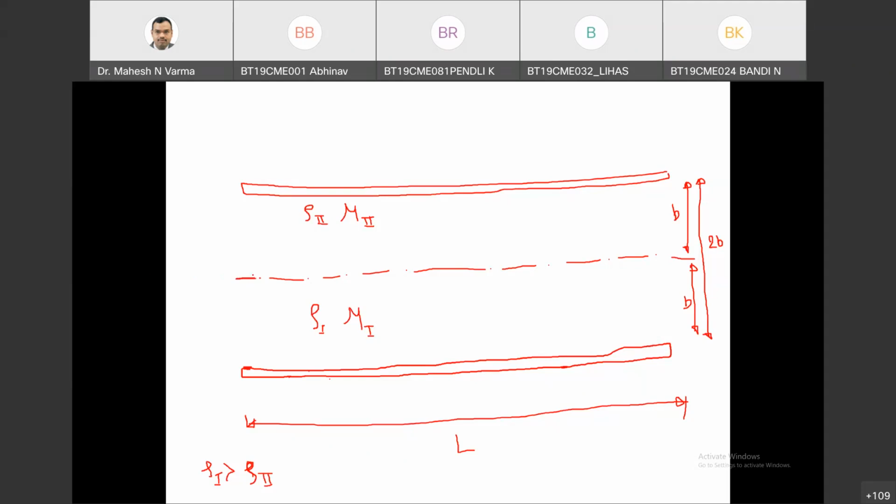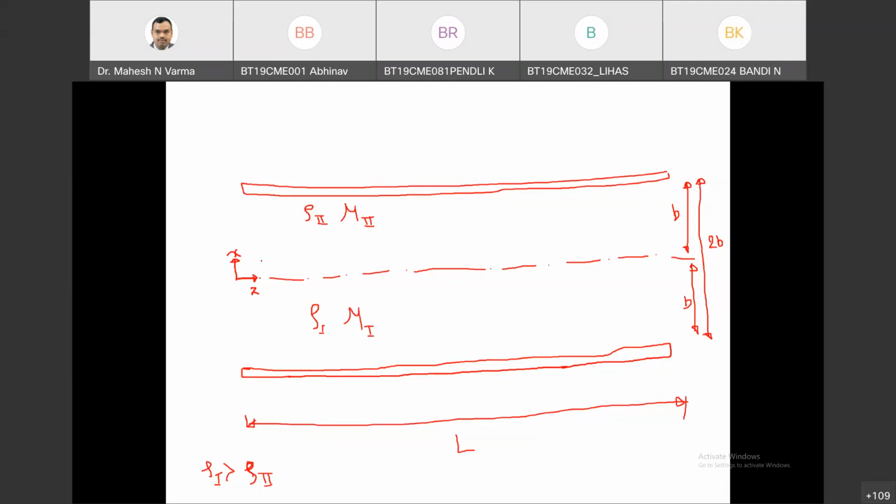So this can be my Z. This can be my X. And y will be perpendicular to this. For fluid 1, boundaries are from minus b to 0.